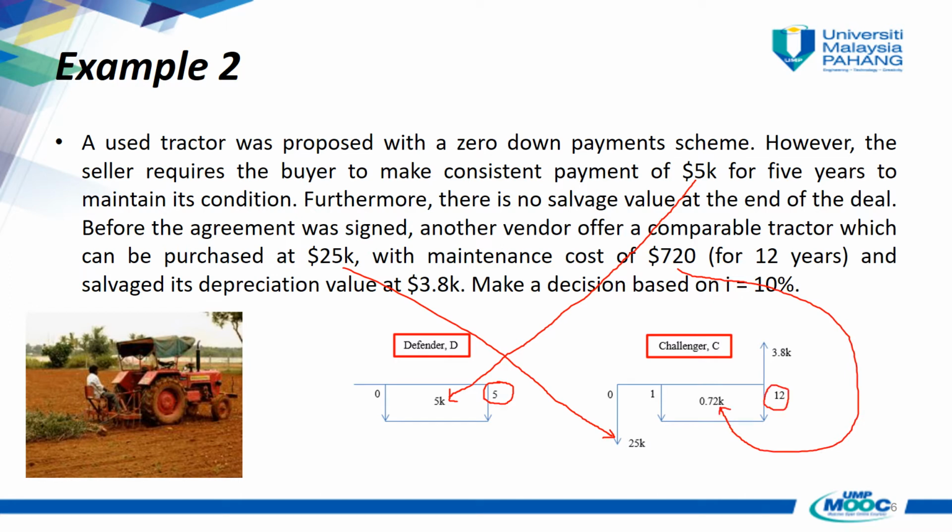And this new tractor can be salvaged, by its depreciated value, at 3.8 thousand after 12 years. So we need to make a decision based on an interest rate of 10%. Let's see the solution.